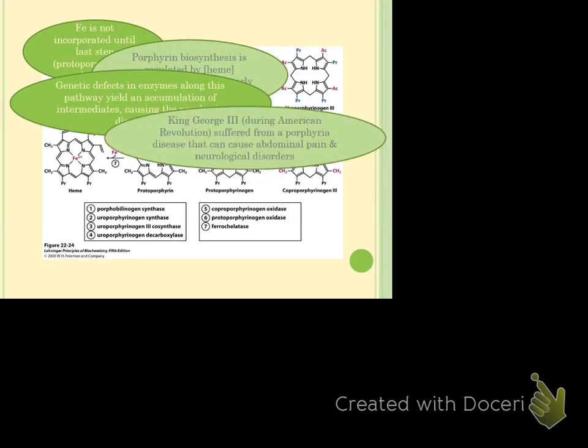And so this is history integration. King George III, who was the king of Great Britain during the American Revolution, suffered from porphyria disease, and it causes abdominal pain and neurological disorders. He was supposed to be a mad king.